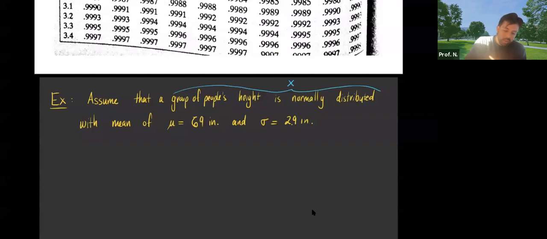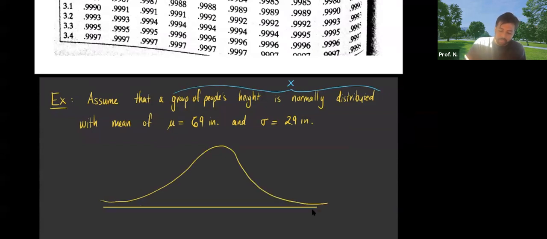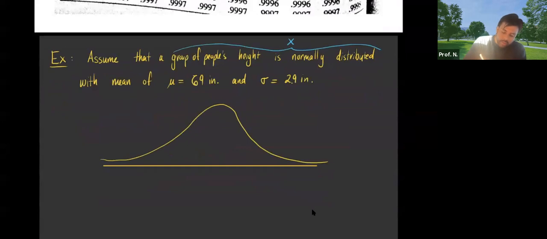What does that look like as a PDF again? Normal curve. My mean here is 69, and I add 2.9 to that, which gives me 71.9, then 73.8, then 75.7.